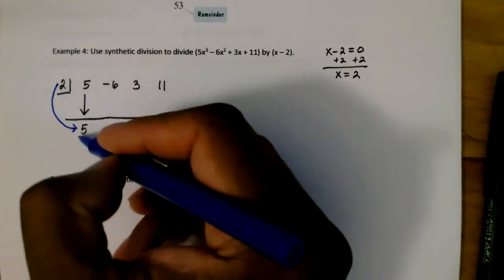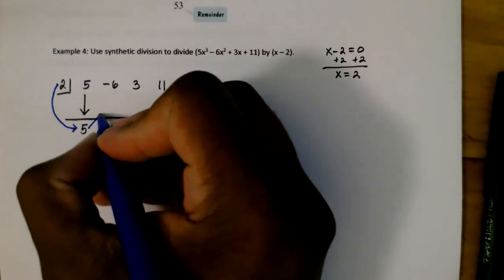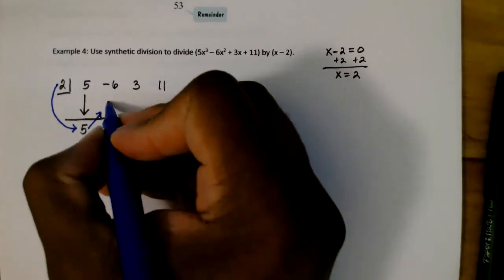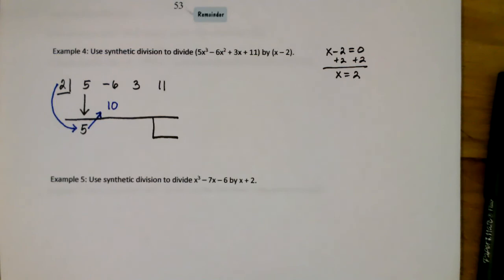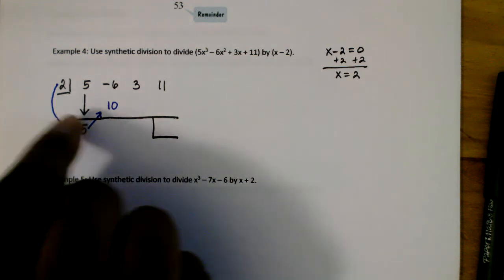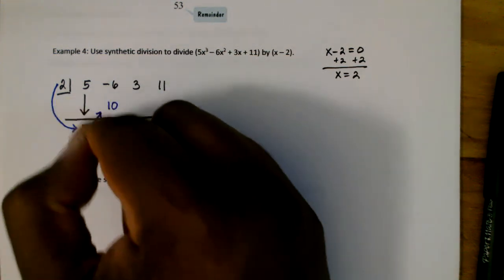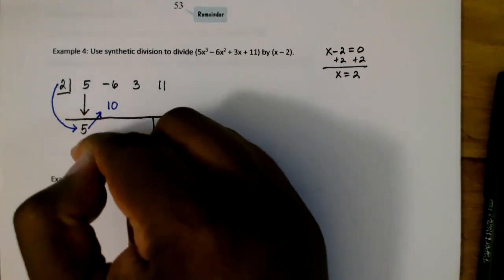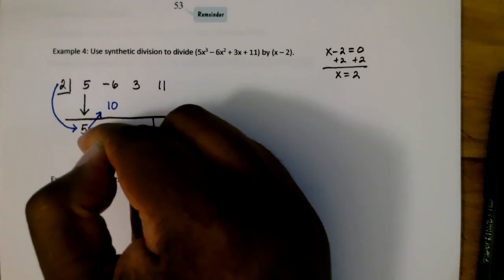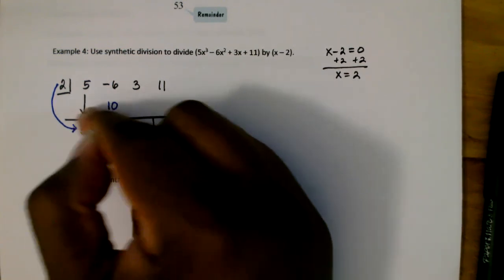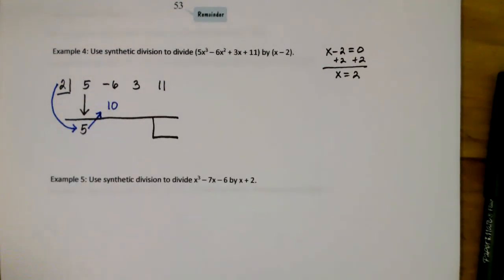So this will be 2 times 5, which is 10. That 10 goes underneath the negative 6. Not underneath the 5, this negative 6. Okay. And if this helps, if you draw arrows there, like I did here, you'll be avoiding placing the wrong number underneath the wrong column.